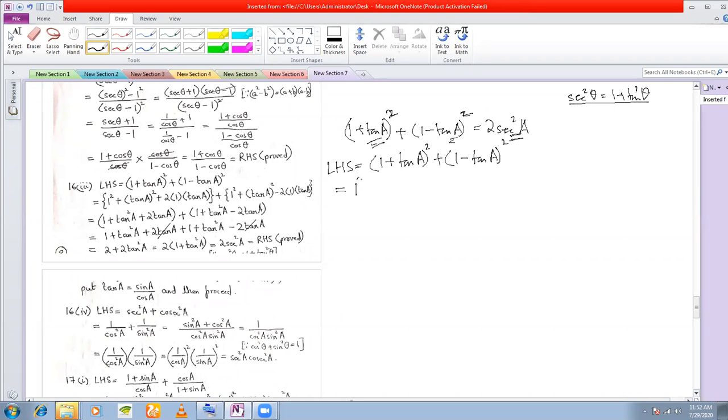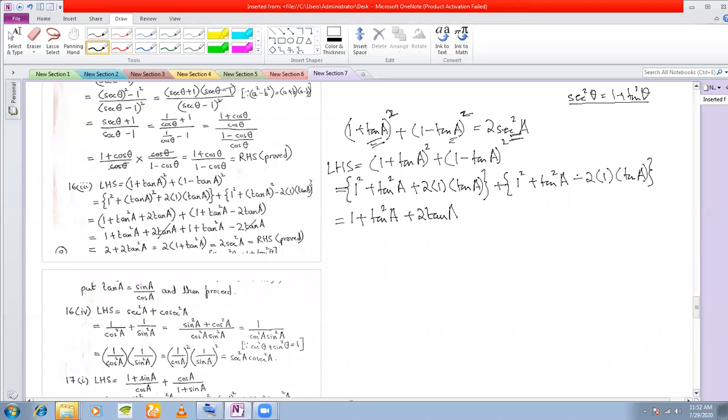So I write this as a square plus b square plus 2ab, and I write this as 1 square plus tan square a minus 2 into 1 into tan a, which is equal to 1 plus tan square a plus 2 tan a plus 1 plus tan square a minus 2 tan a.